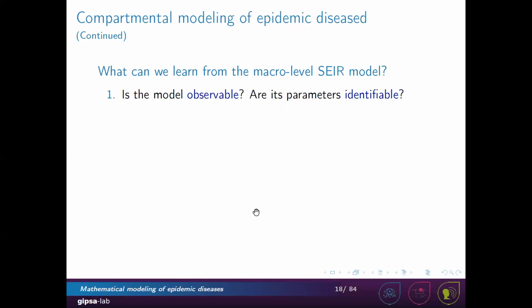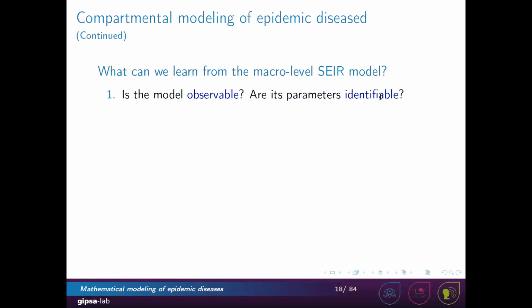Or when we have corrupted data or inaccurate data for any reason, is it possible to estimate the true values of the variables of the compartments or not? So the good point about this sort of mathematical modeling is that in macro level models, we are able to judge about the observability of the model, assuming that the model is already accepted and we feel good about the model itself.